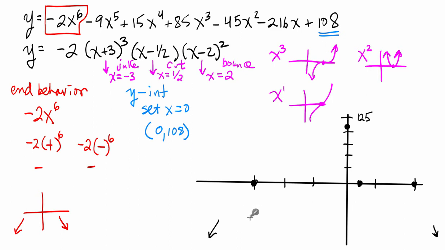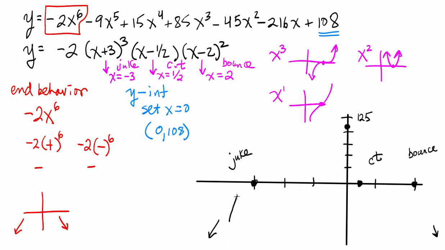Now, putting this all together, and remembering that we need to have here a juke, to have here a cut through, and here to have a bounce, we should be able to get a reasonably accurate depiction of the polynomial. So here we go.